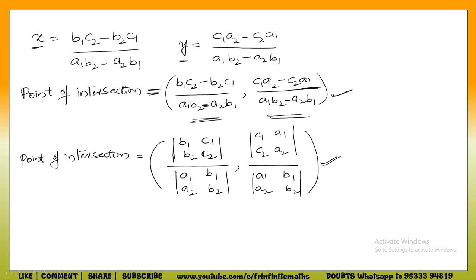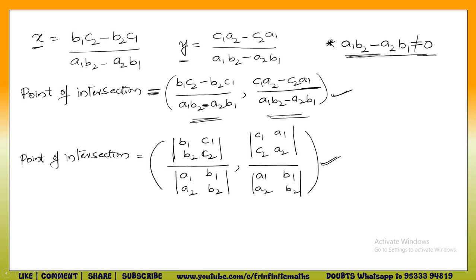Okay, and here is one more thing: the condition that should be satisfied is a1 into b2 minus a2 into b1 should not be equal to 0. This is the most important point to be satisfied, because the denominator a1 b2 minus a2 b1 should not become 0. If it becomes 0, that means the lines are parallel.